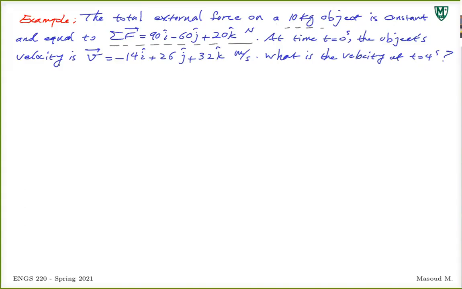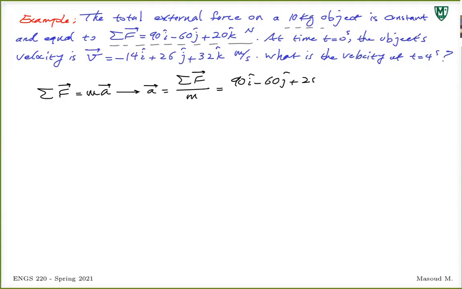So in this case, let's start with Newton's second law. It says summation of forces is equal to ma. So I can find acceleration: summation of forces over mass. I have the summation of forces as a vector: 90i minus 60j plus 20k, divided by mass, given as 10 kilograms.